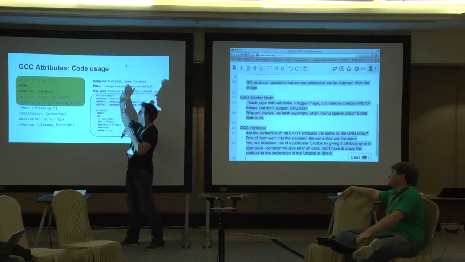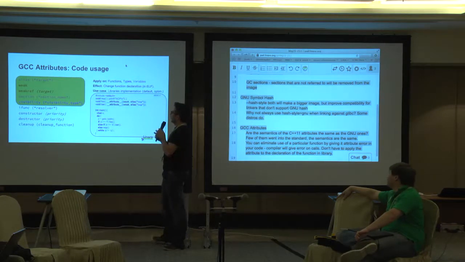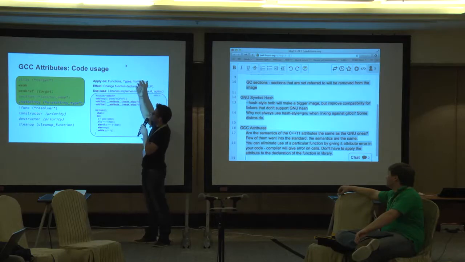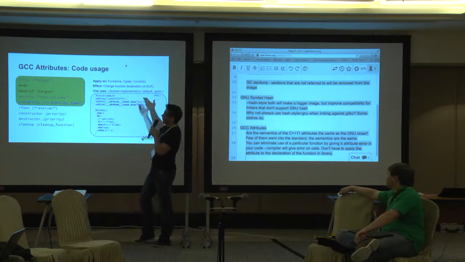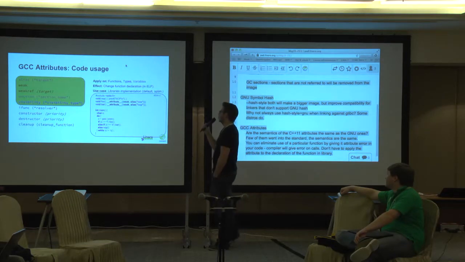The first ones are alias, weak, and weakref. These attributes can apply on functions and variables, and they are mostly used by library programmers to give default implementations or optimized versions of a function, etc.